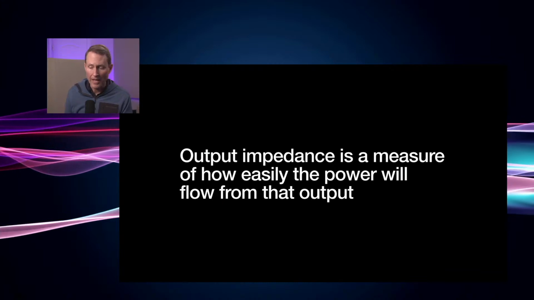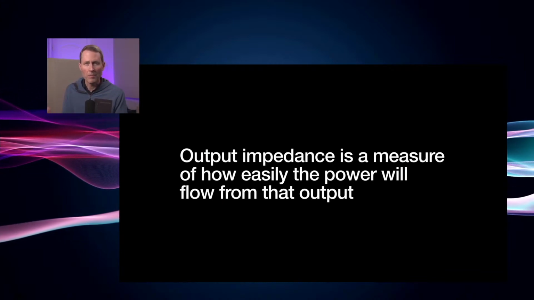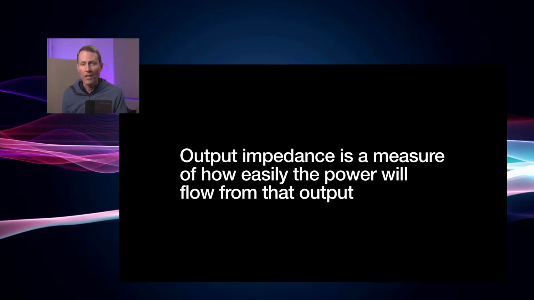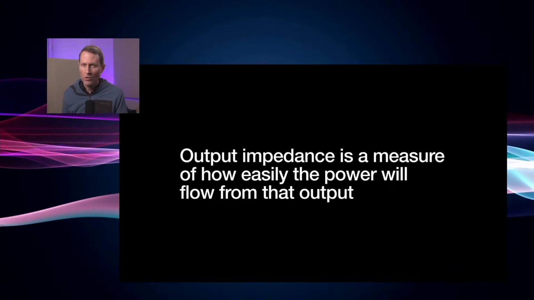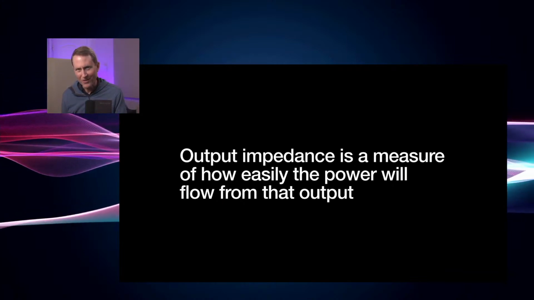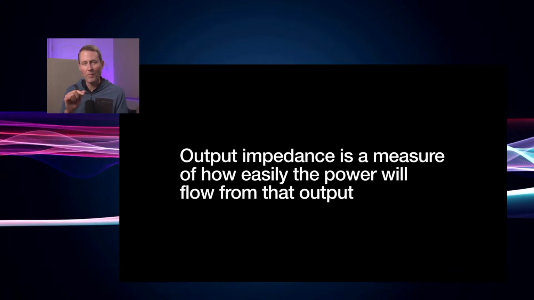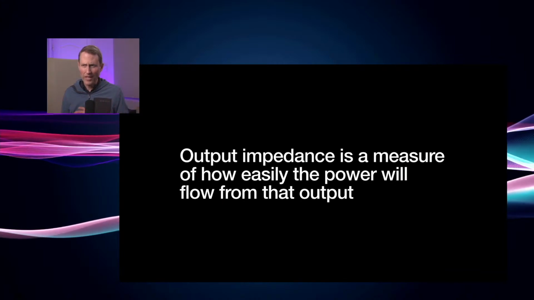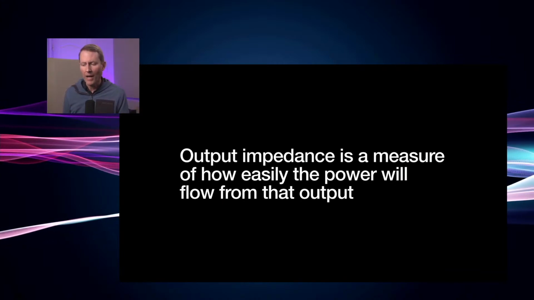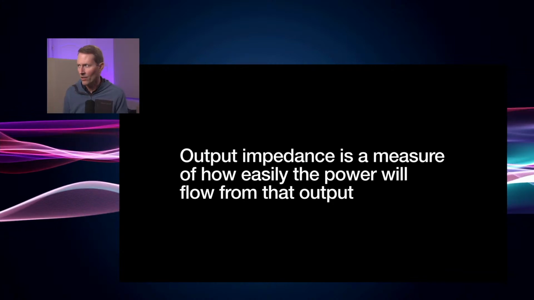Usually on a microphone, it will be output impedance, but on a recorder or mixer or audio interface, or anything with a preamplifier, it will often be listed as input impedance or load impedance or termination impedance or terminating impedance. We'll come back to that one in just a minute, but for microphones, typically, you will see output impedance. And this is a measure of how easily the power will flow from the output on that microphone, so through the XLR output.